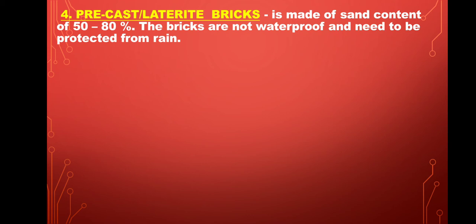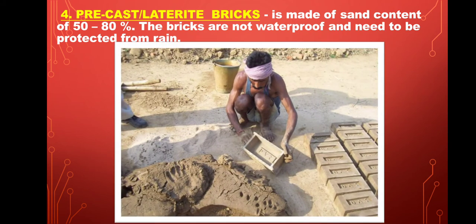When we look at the material used in making precast or laterite bricks, they are mostly made from sand without any special binding material added to it. So this tells you that the sand alone cannot resist too much water, and therefore such bricks need to be always protected from rain.